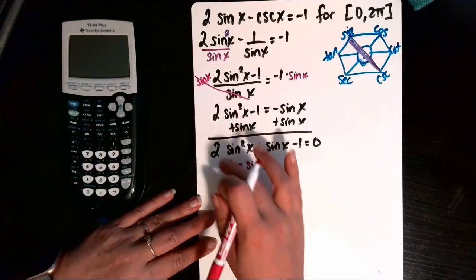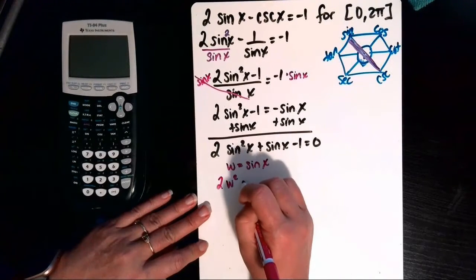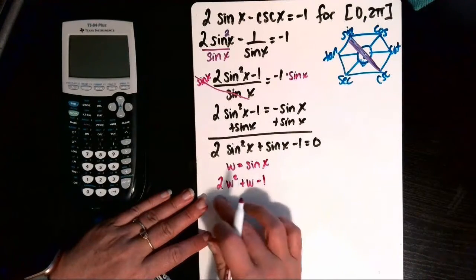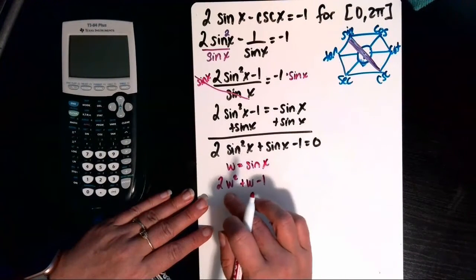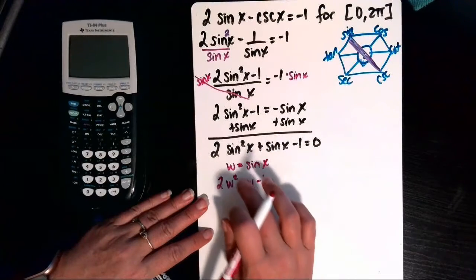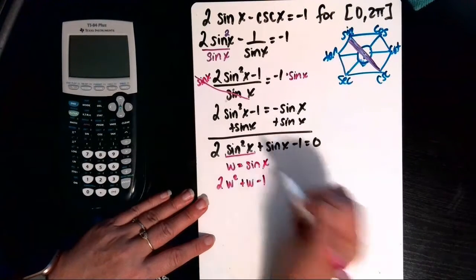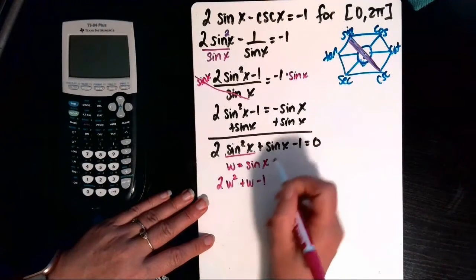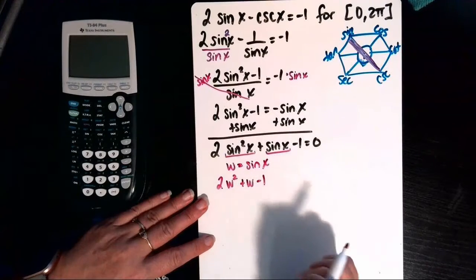Now I can rewrite this expression as 2W squared plus W minus 1. That's what I'm trying to factor, right? 2 sine squared x plus sine x minus 1. If sine of x is W, I'm just changing out this sine squared x for a W squared and this sine x for a W, and then my minus 1.